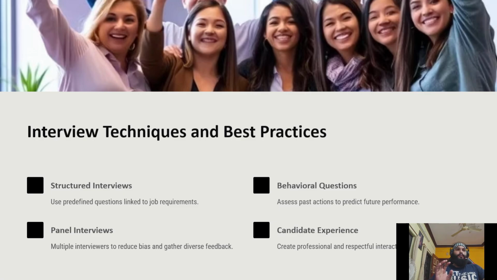And a panel interview is a procedure where a number of interviewers sit in front of the candidate and ask diverse questions, and they get diverse feedback, which helps in selecting the candidate more efficiently and effectively. And to create a very professional and respectful interaction, the candidate experience is also enhanced.